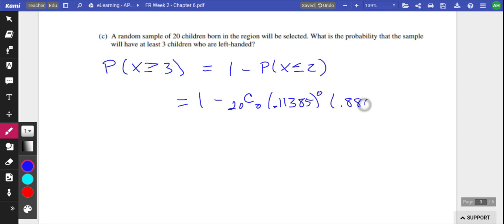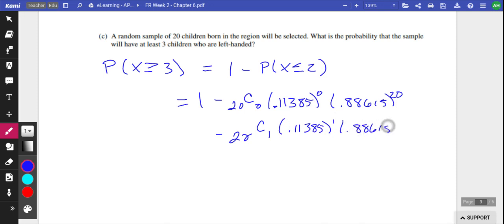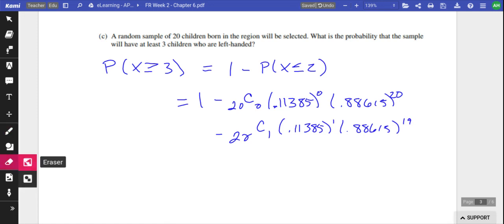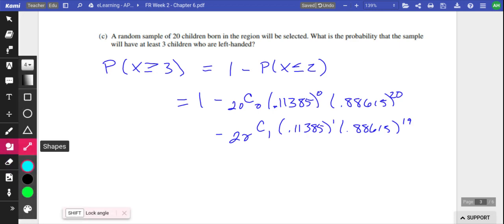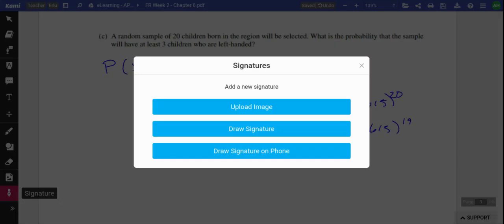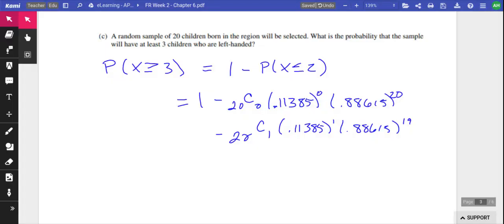And then you're going to say 20. And then we're going to subtract off from there 20 choose 1. And remember, these are basically staying the same, but what you're doing is just adding in all of this. And again, remember, this number here, let's see if I can find the highlighter.